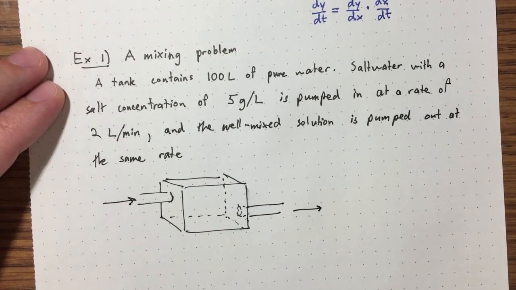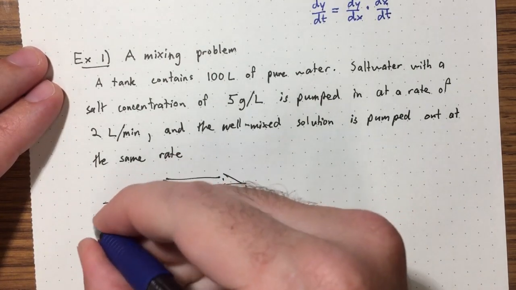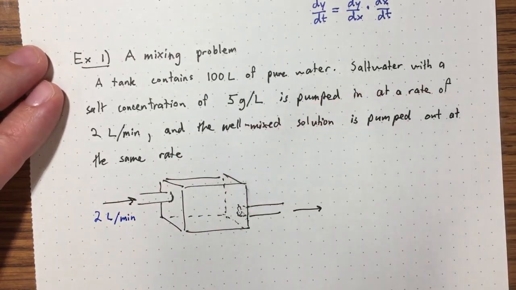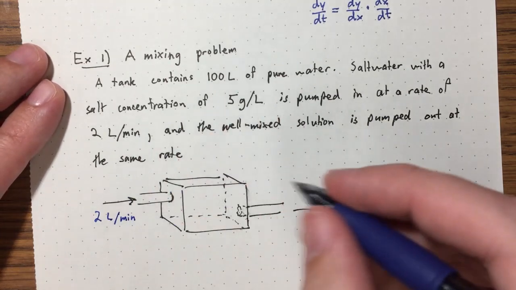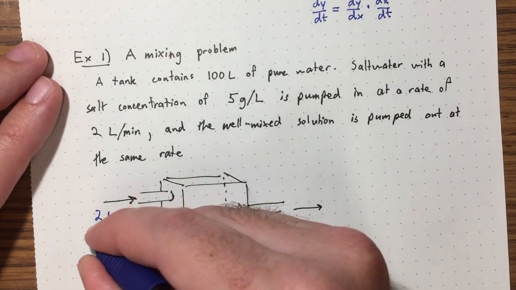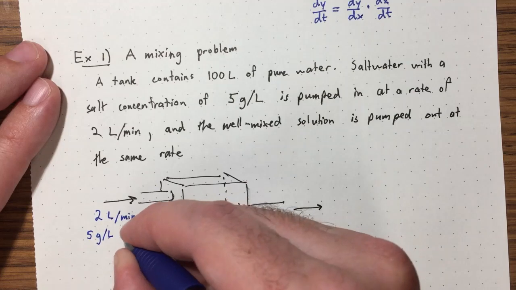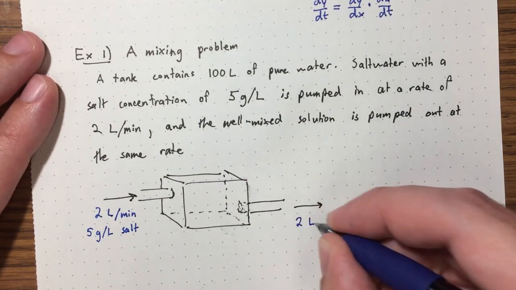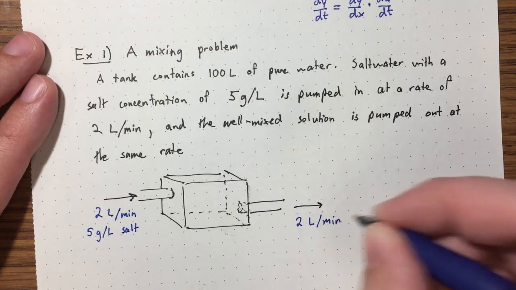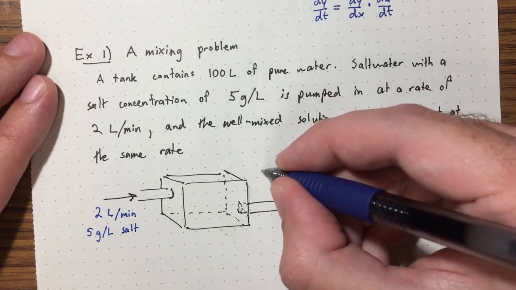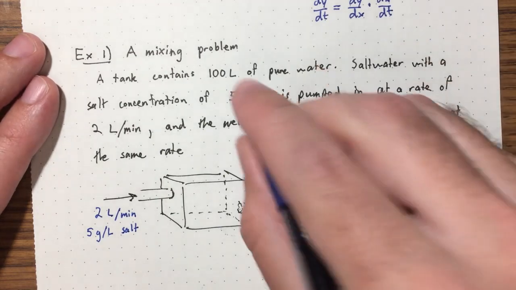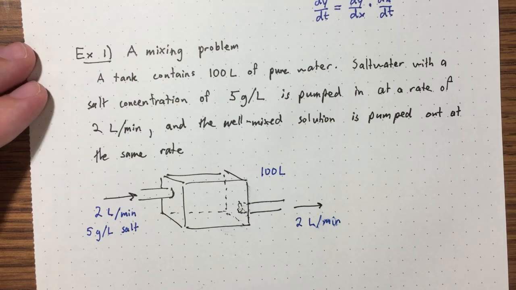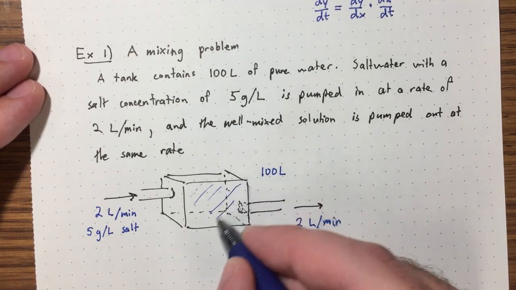The water coming in is at 2 liters per minute. Recall this is salt water, so it's going to have 5 grams per liter of salt. And the water is going to come out at 2 liters per minute. And the tank contains, as we see here, 100 liters of pure water. So it's filled with water.